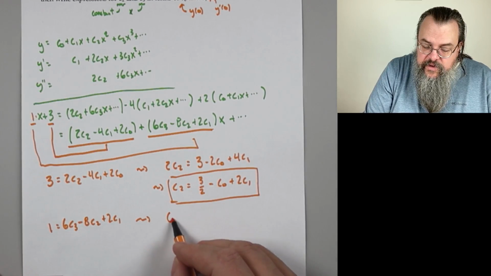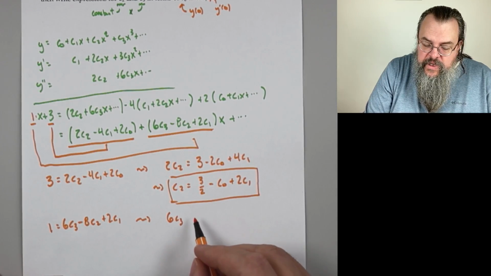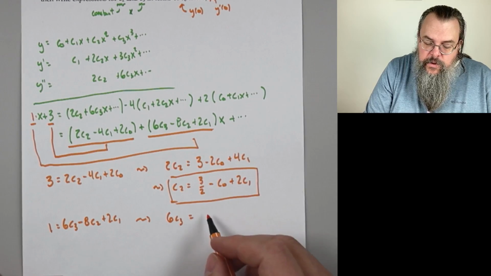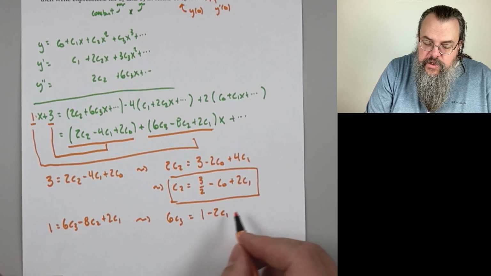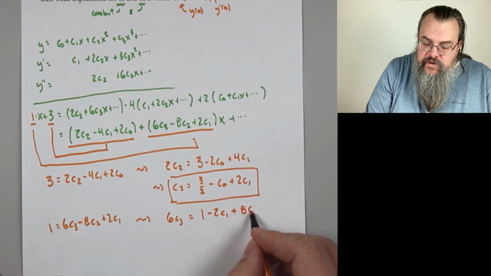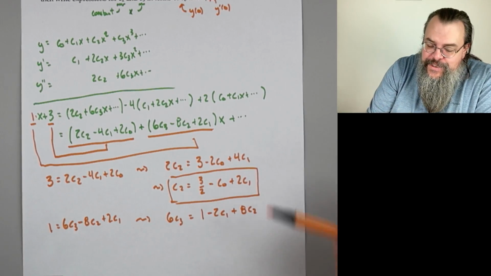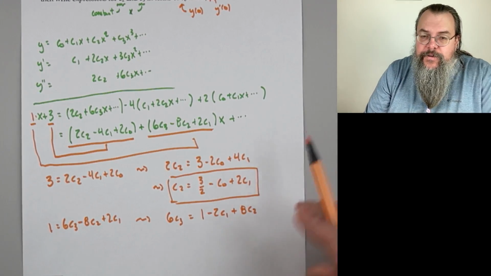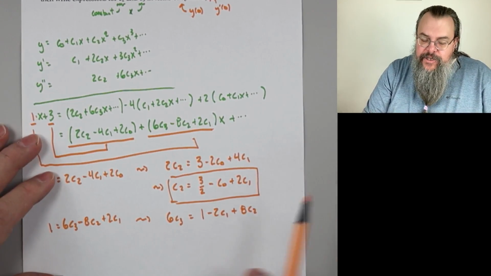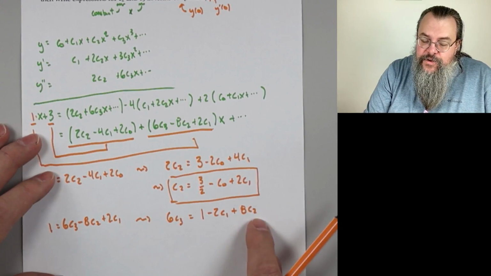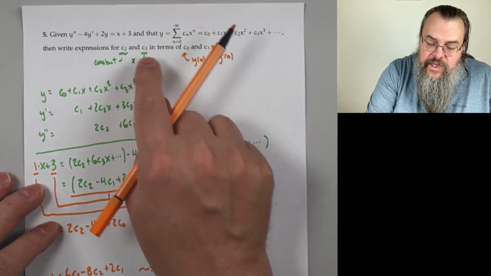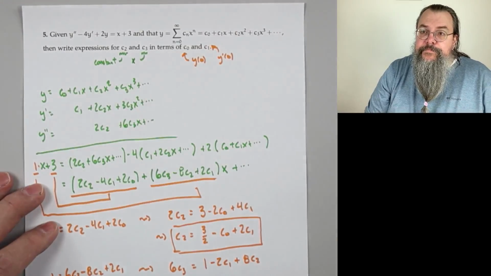So 6c3 is equal to 1 minus 2c1 plus 8c2. Now, small catch. Previously it was c0 and c1 already. Life was good. Here we have c3 in terms of c1 and c2. We want c3 in terms of c0 and c1.